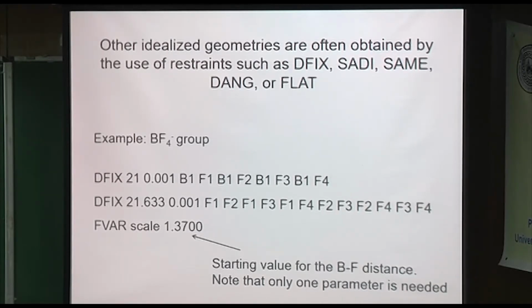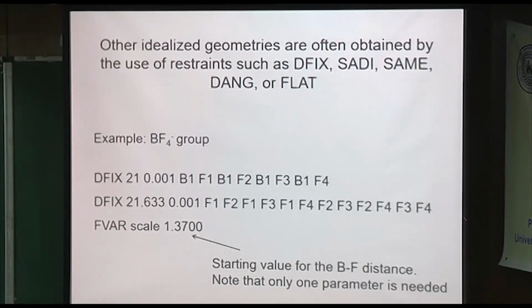So by geometry, it's pretty easy. If you assume tetrahedral geometry, whatever the BF distance is, the FF distance is 1.633 times the BF distance. You can just do that by regular geometry, figure that out. So there's really only one variable here.